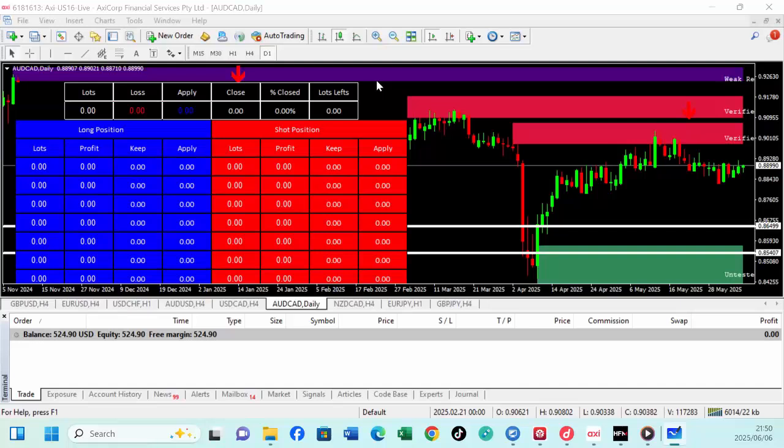Yes, the equity can go below, but your balance will always have like a floating loss or something. No, it's not floating loss. It's unrealistic profit. Did you remember the account we worked on now? Yes. The balance is 540, the equity is 524.9, and the float is minus 50.6 something.